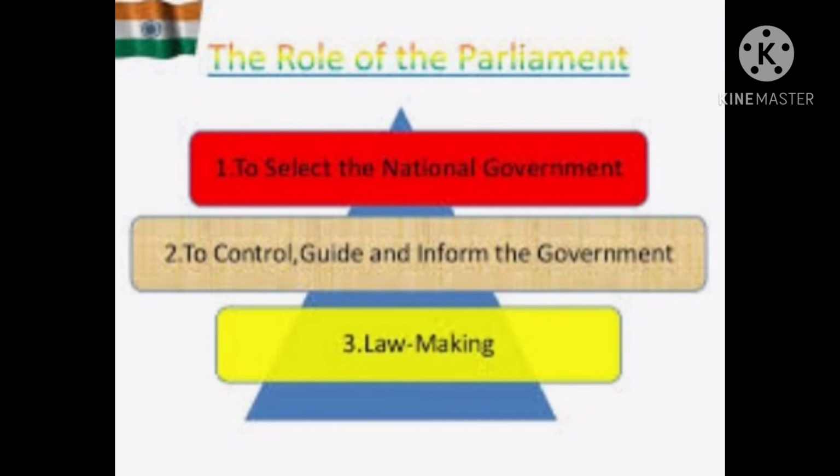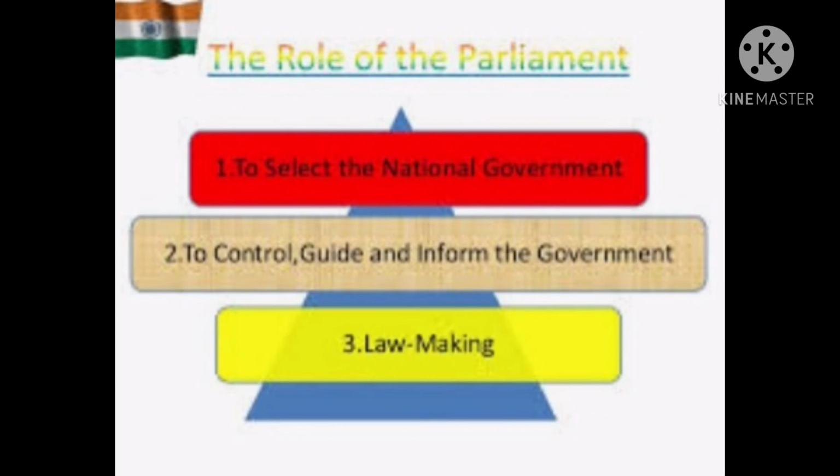In fact, they highlight drawbacks in various policies and programs of the government and mobilize popular support for their own policies. Okay. Then the government gets valuable feedback and is kept on its toes by the questions asked by the MPs.